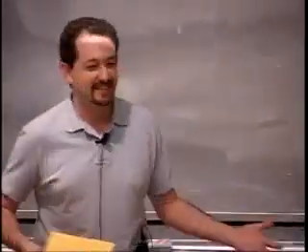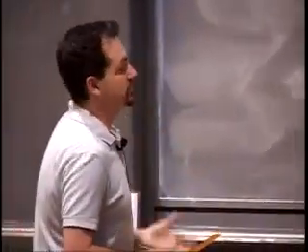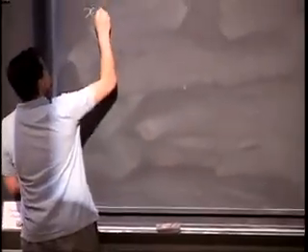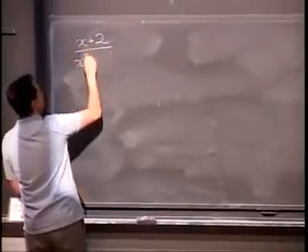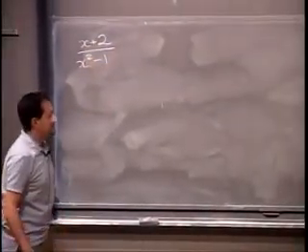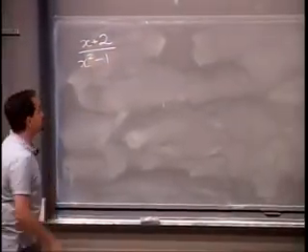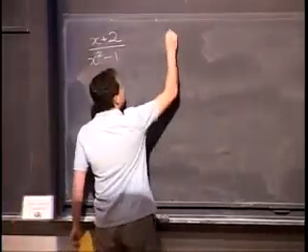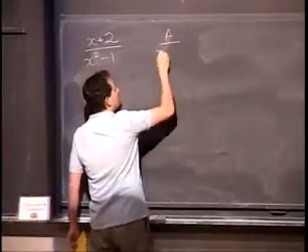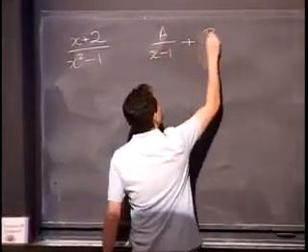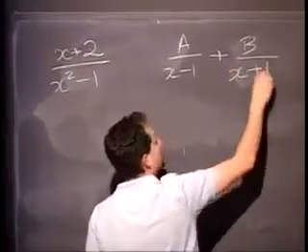Now, why does the form work? What are we even going to do with it? Let's look back at this example, x plus 2 over x squared minus 1. Based on the denominator being factored, we decided that the form was a over x minus 1 plus b over x plus 1.